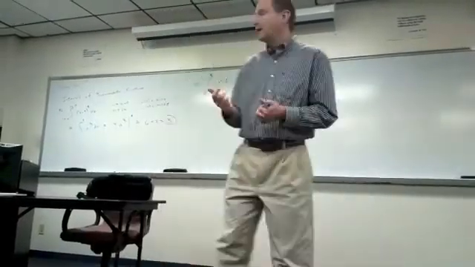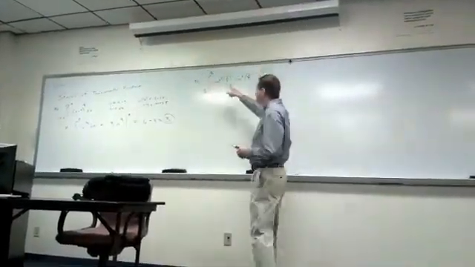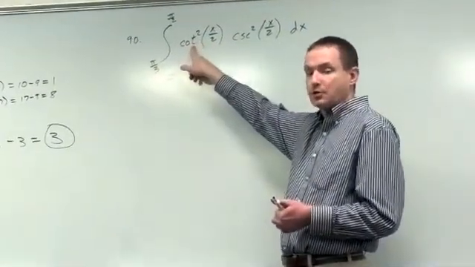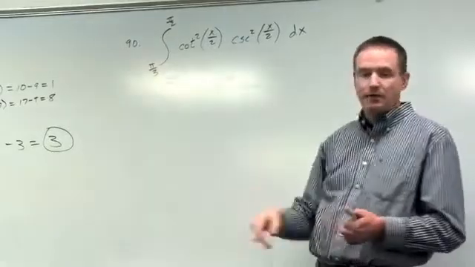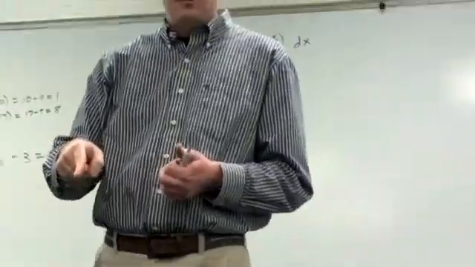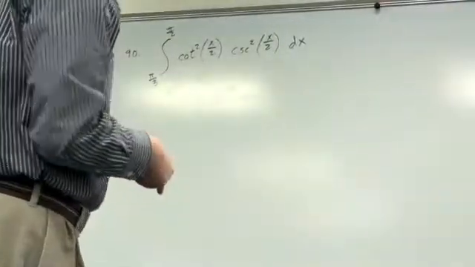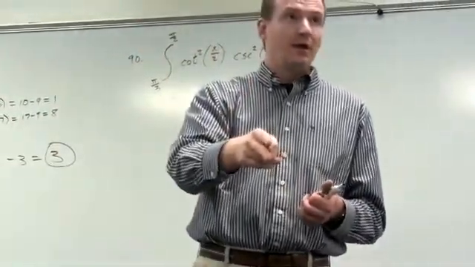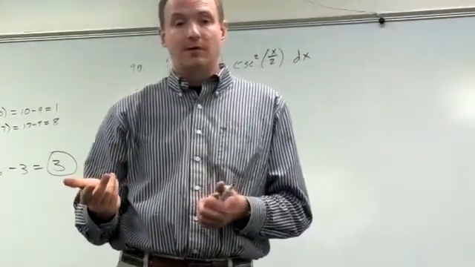So I'm going to go ahead and say, well, I know each of these are inside of a function. This is the cotangent group squared, the cosecant group squared. When I think derivative of cotangent, negative cosecant squared, the derivative of cosecant is negative cosecant cotangent. Actually, either of those would work in this case.